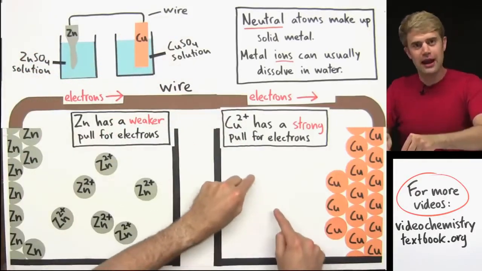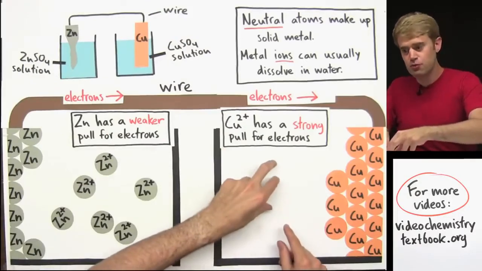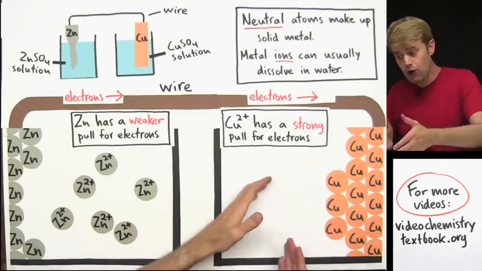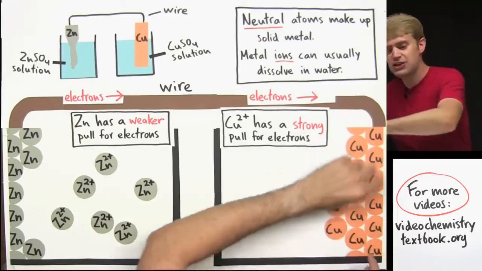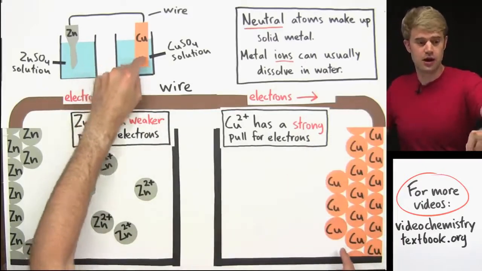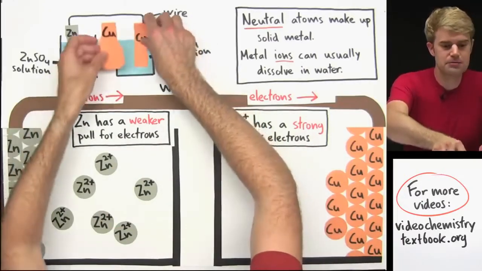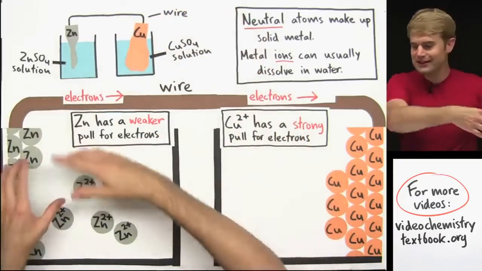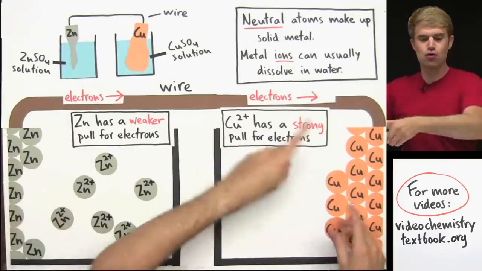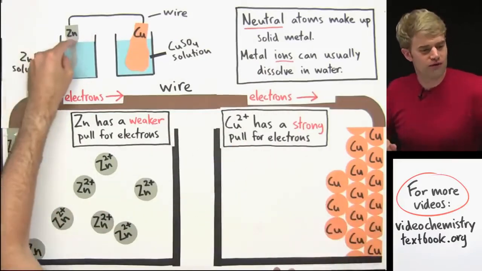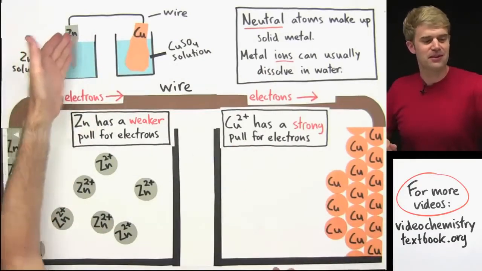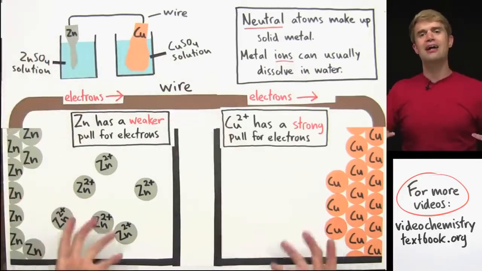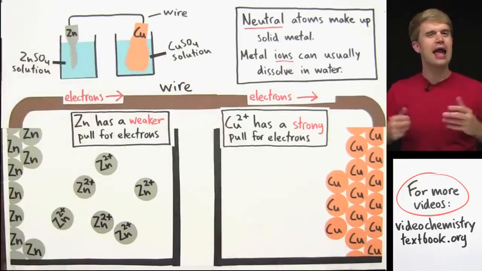But on the other hand, those Cu2+ ions are coming out of solution and are attaching to the solid copper. And so they're going to make this piece of solid copper bigger and bigger. So if we let this voltaic cell run for long enough, we'll eventually see that these two pieces of metal actually change size and shape.